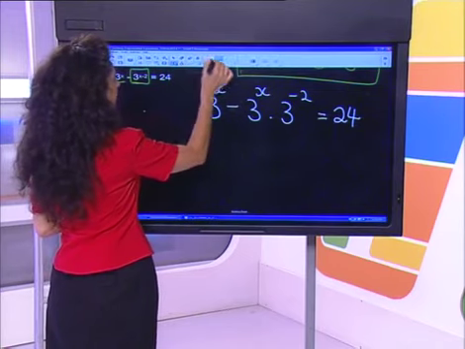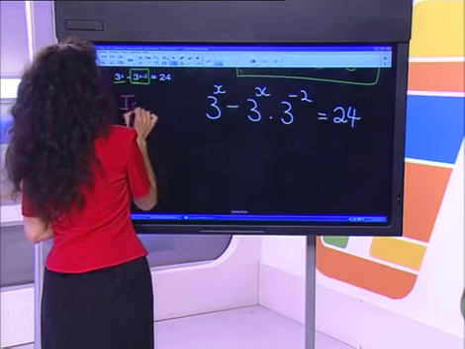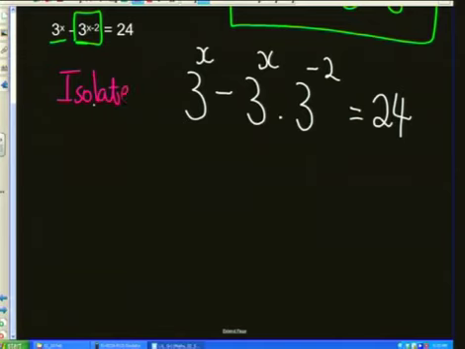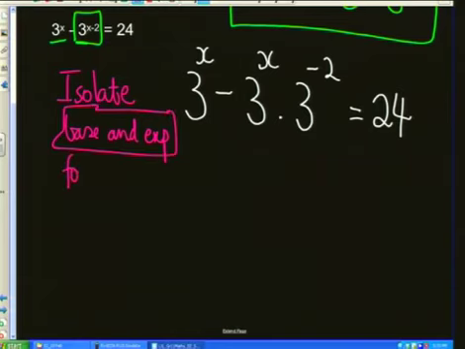So isolate the base and the exponent for a common factor. Okay, so notice how I'm not taking out a 3 to the x, and I don't know what to do with that -2. I've actually first expanded it.